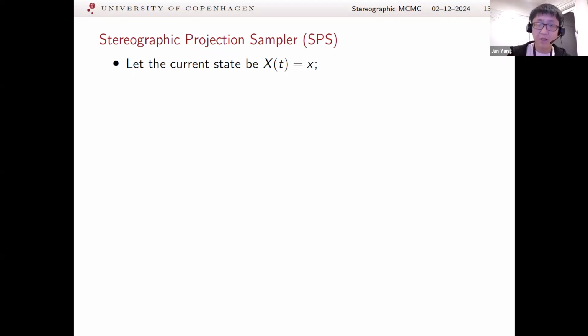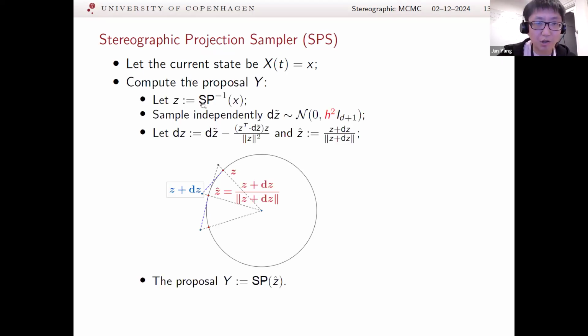Instead, I will first use the stereographic projection to project this point small x in the Euclidean space to one point on the sphere, called Z. You can see in the picture the current location after transformation of the Markov chain is at this point Z. Then I will do a random walk proposal in the tangent space. In the tangent space at this point Z, I will generate a Gaussian with proposal variance h squared.